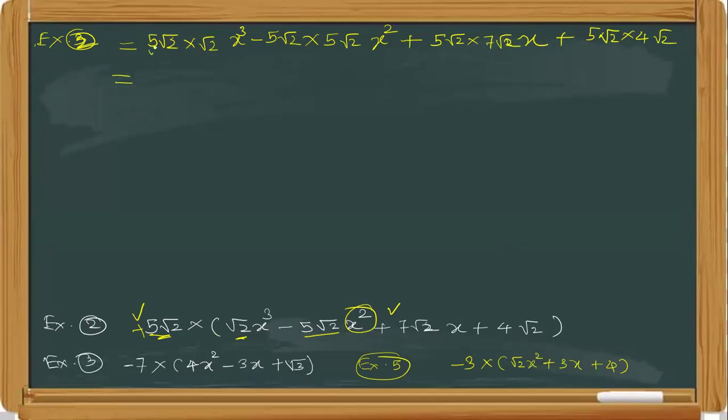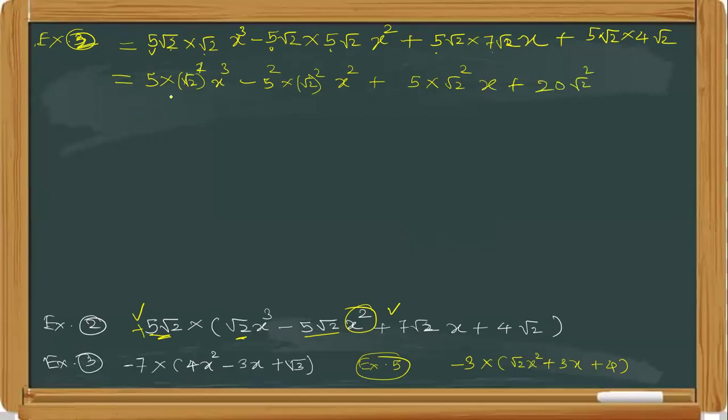Now see, 5 will remain as it is, into root 2 into root 2 will become root 2 the whole square, x cube, minus again here 5 into 5, 5 square into root 2 square x square, plus over here 5 into 7, 35, root 2 into root 2, root 2 square x, plus over here 5 fours are 20 root 2 square.